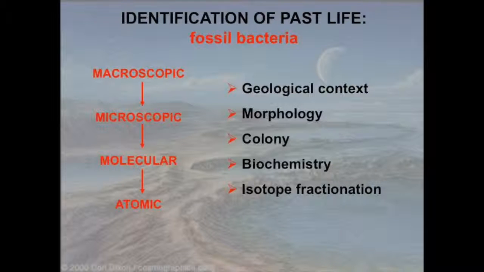You look at things microscopically with various types of electron microscopes. You look for morphological features. You look for colony features. Going down to the molecular level, you can look at the bioorganochemistry, biogeochemistry, up to isotopic fractionation. So you use all of these.